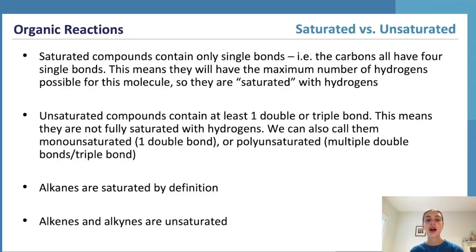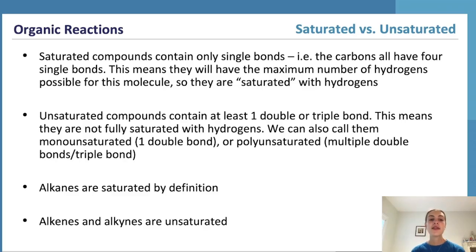So the molecule is entirely saturated with hydrogens. Whereas unsaturated compounds will contain at least 1 double or 1 triple bond. And so they're not fully saturated with hydrogens. They can be either monounsaturated compounds, meaning they have one double bond, or polyunsaturated compounds, which means they've either got multiple double bonds or triple bonds.